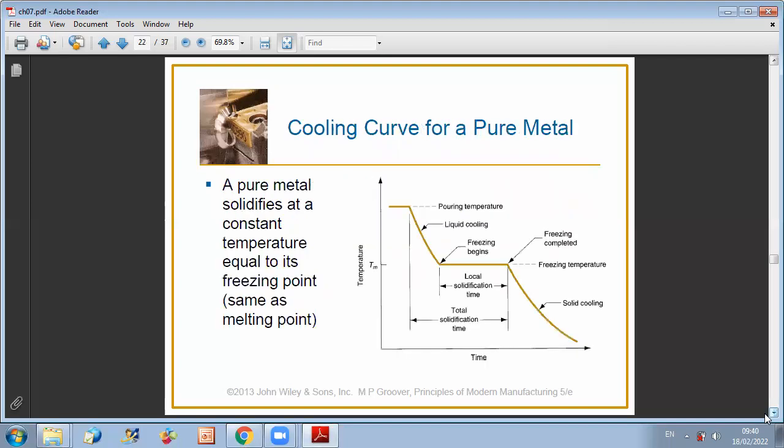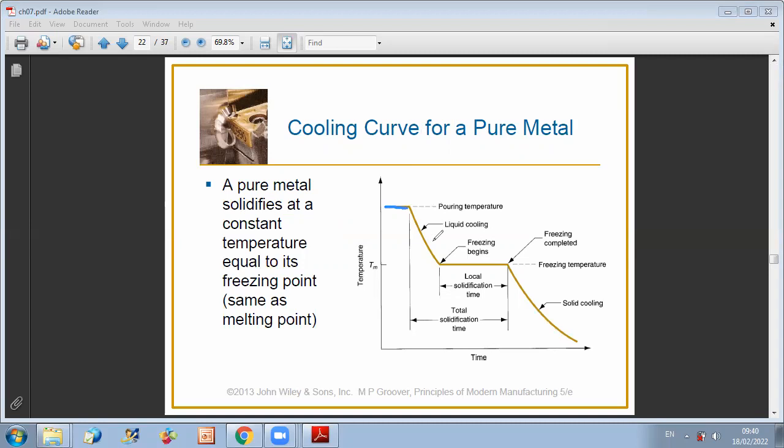Let us start with a pure metal. If you observe the variation of temperature with time, you will obtain the following graph. First, we consider that we already performed the heating operation to reach the pouring temperature.